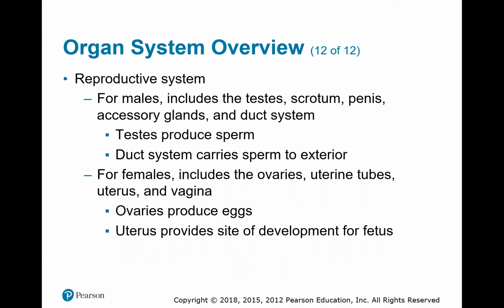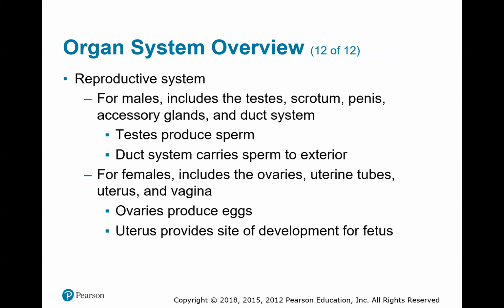For females, again, the primary organ will be the ovaries, and then the accessory or secondary organs would be like the fallopian tubes. I apologize in advance. We will use the term uterine tube. No one ever uses the term uterine tube, but uterine tube and fallopian tube go hand in hand. We also have the uterus, and then we have the vagina as well.